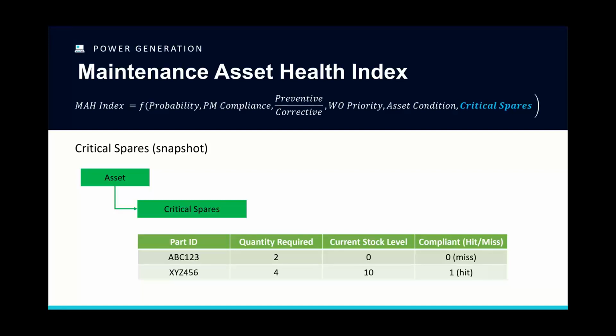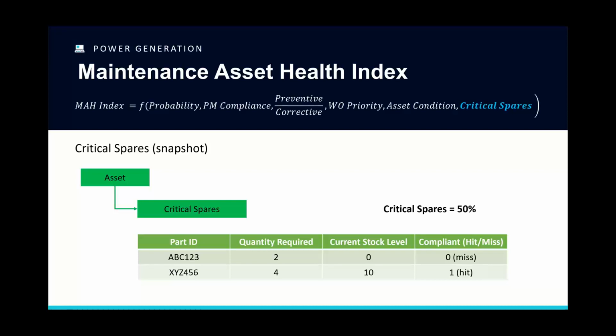So what we do is compare the quantity required for that asset, for that part, sorry, to the current availability in stock. What is my stock level at that moment? If I'm meeting that requirement, that's a hit. If I don't, that's a miss. So in this example, you would have a critical spares level of 50%.